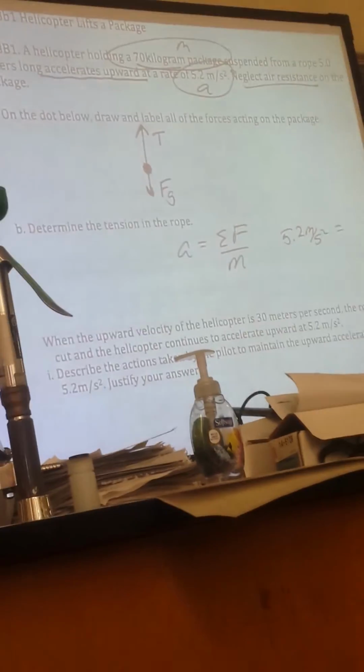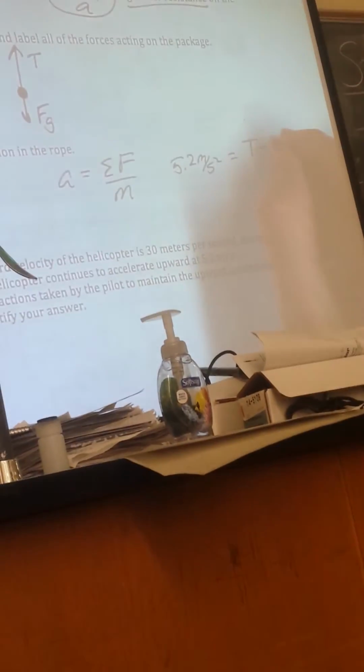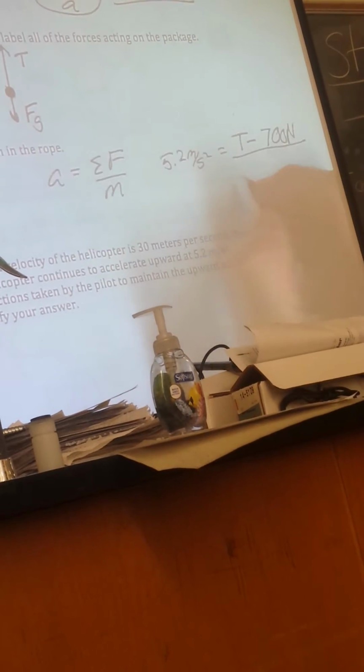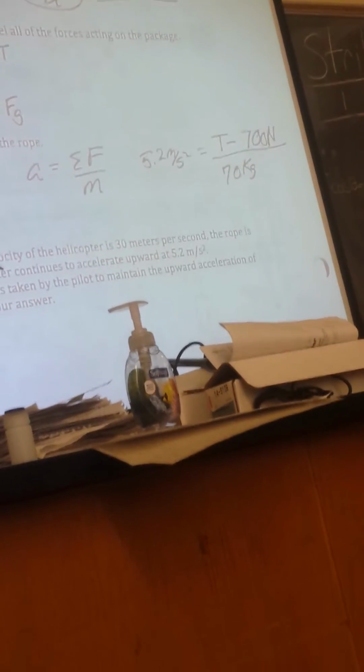Based on our free body diagram, what is the net force? T minus 70. And by the way, what is F sub G? 700 newtons. Good. And mass, of course, is just our 70 kilograms. Okay, let's solve this, right?